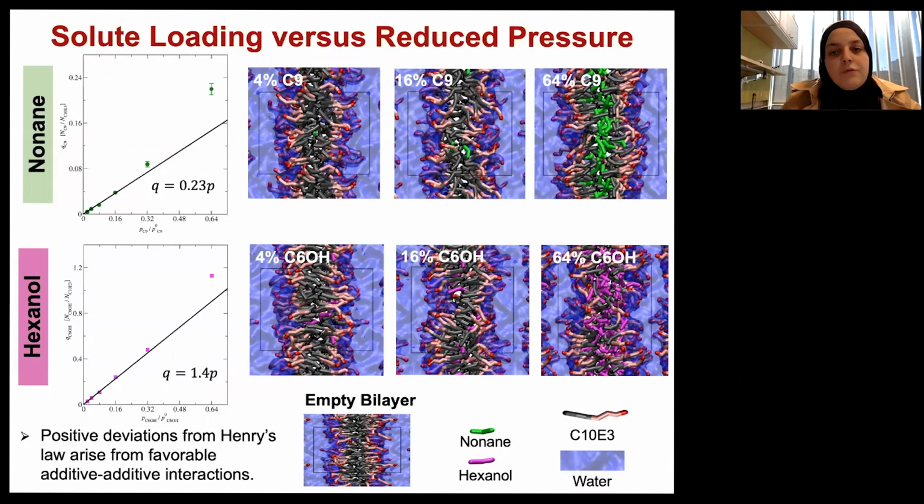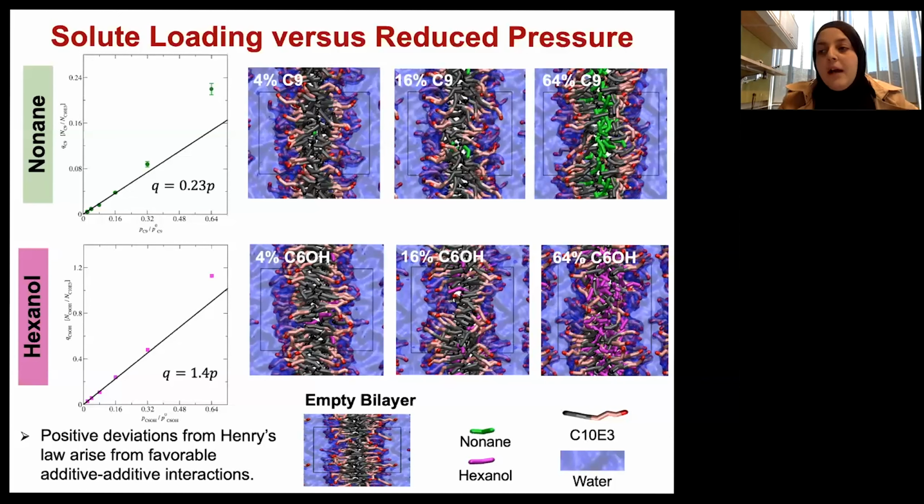And this is what we observed. For nonane, as we increase the partial pressure of the system, we saw a positive deviation. Now, looking down at hexanol, that is also what we observed. And just something else to keep in mind, we see that hexanol loads on average 3 times more than nonane.